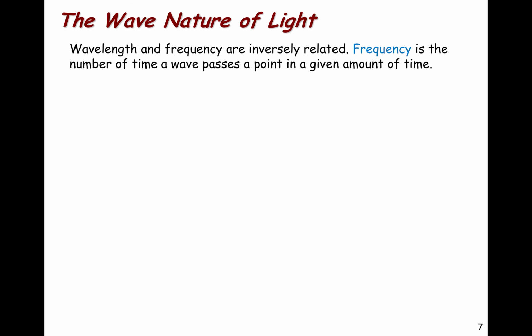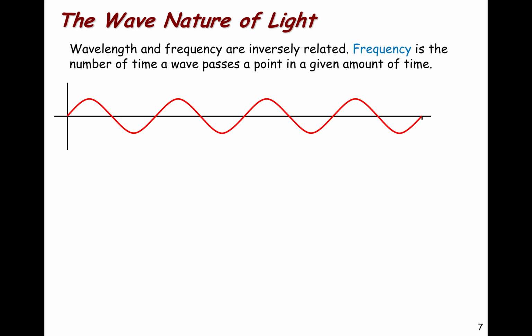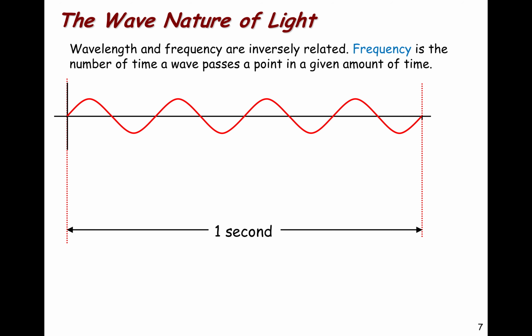Another really important aspect of a wave is the relationship between the frequency that the wave passes a certain point and the wavelength of the wave. Frequency can be measured as the number of waves that pass a point in a given amount of time. In the case of the wave shown here, we have a repeating wave that takes 1 second to reach from one end to the other.